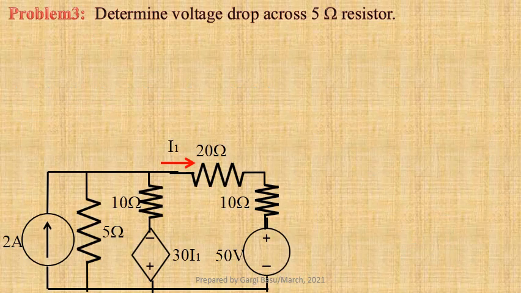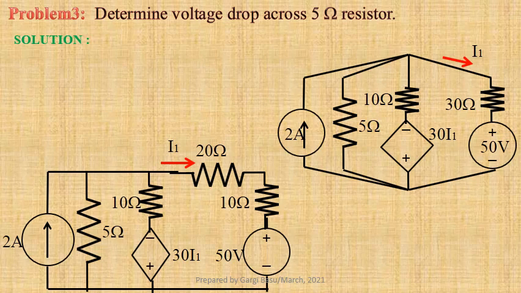Problem number 3. We have to determine the voltage drop across 5 ohm resistor. Let us first redraw the circuit and mark the essential nodes as 1 and 2. We are selecting the second node as reference node.